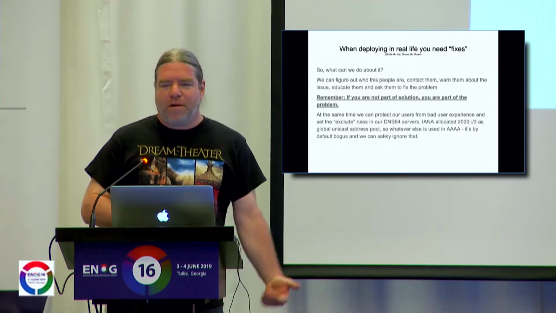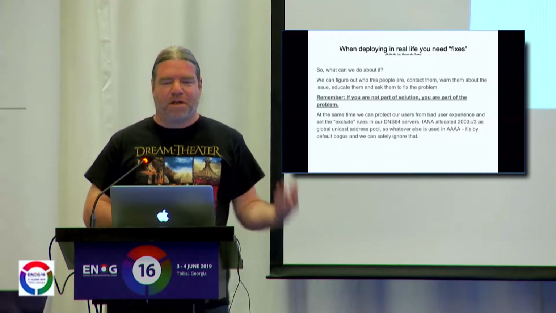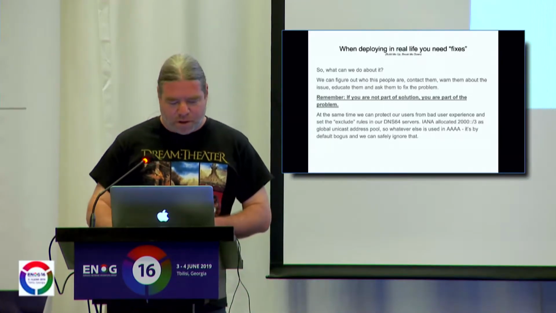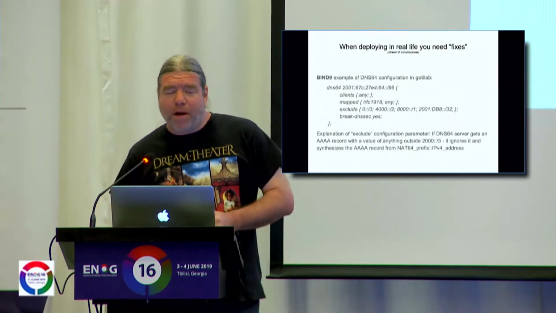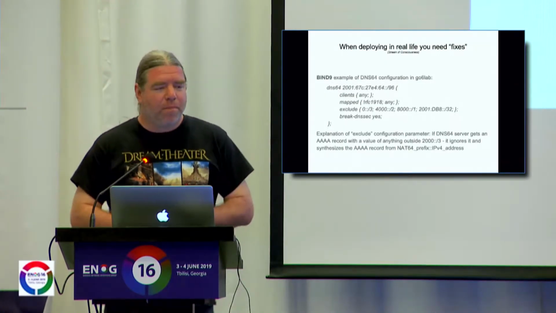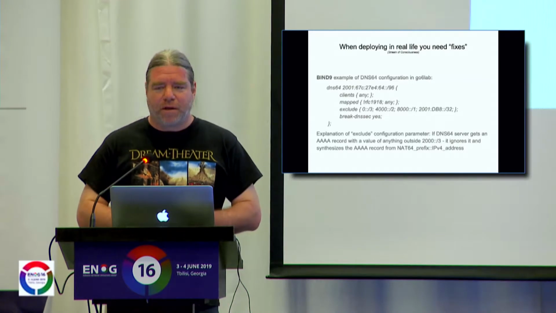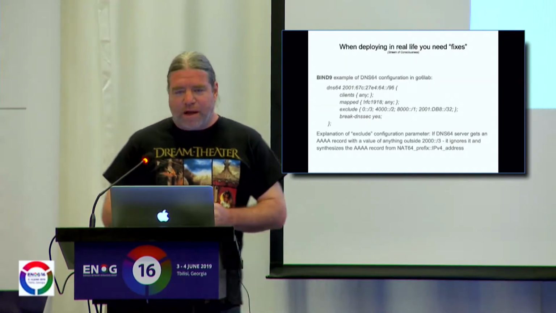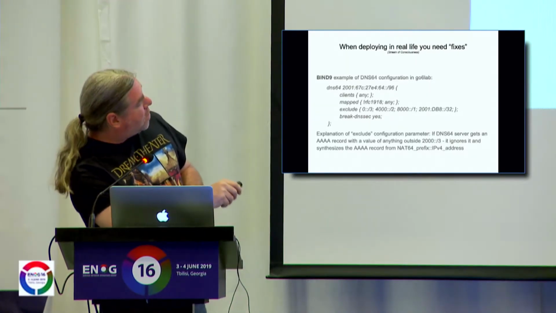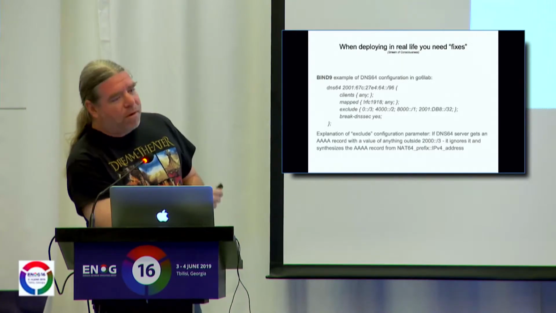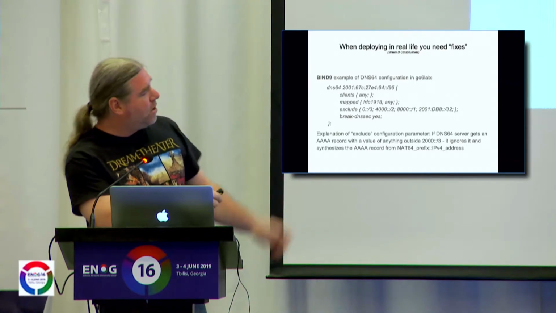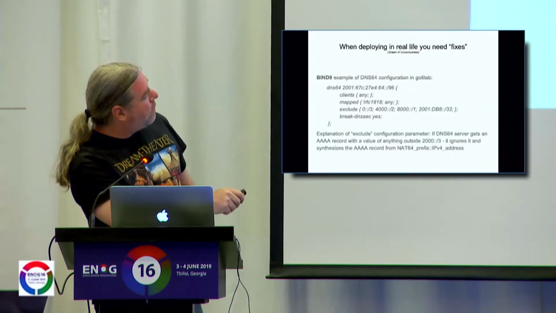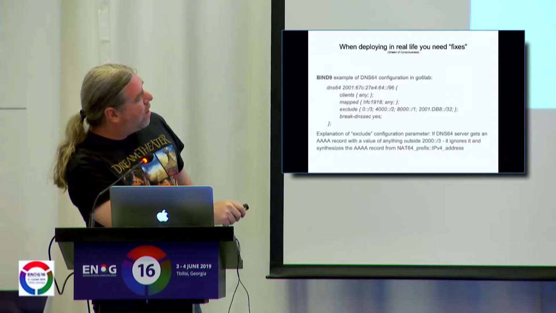Remember, if you're not part of the solution, you're part of the problem. Try to remedy these things for your users. So, how did I do that? That's a piece of configuration code for BIND 9. What I actually did was exclude ::/3, that's the lower part, and I excluded 4000::/3, 8000::/1 and the documentation prefix.